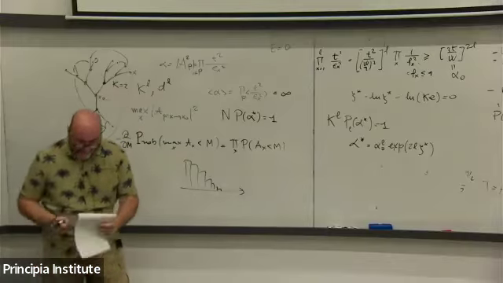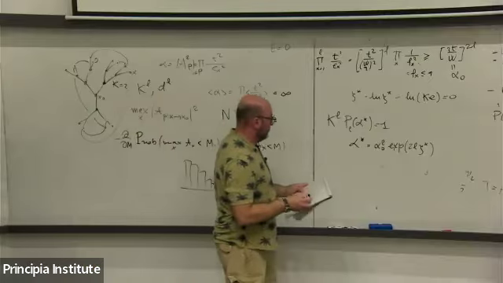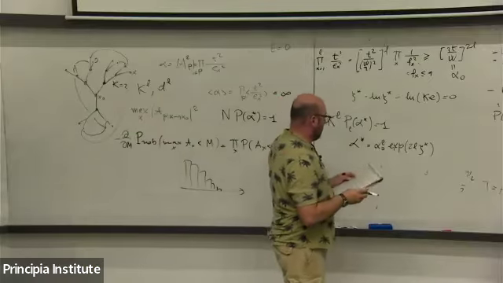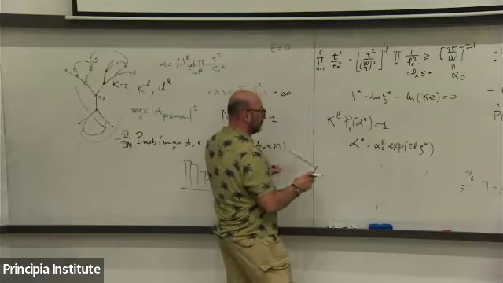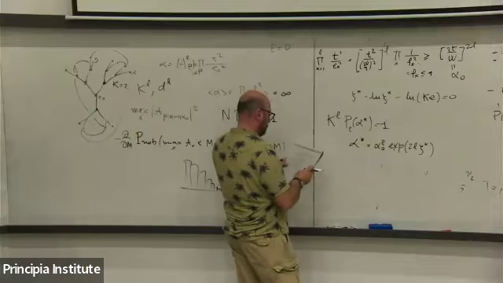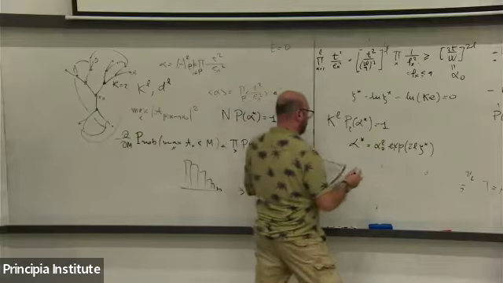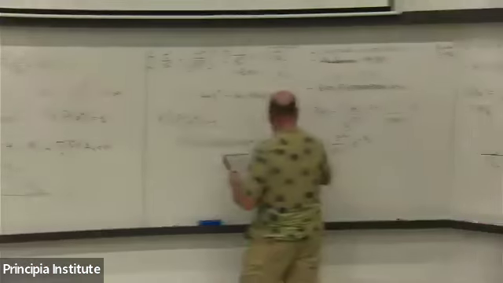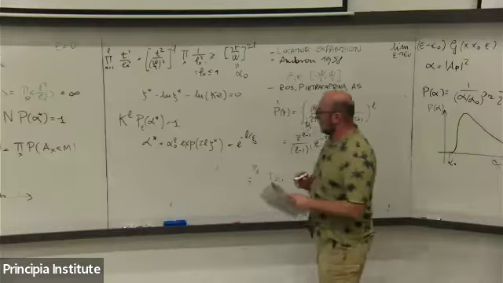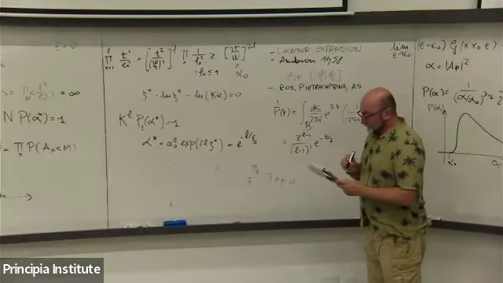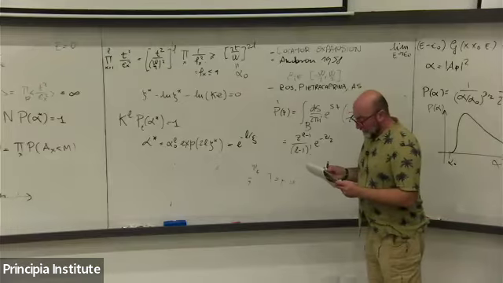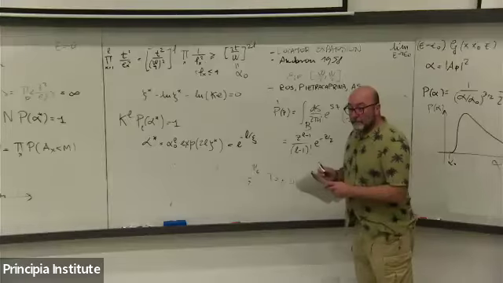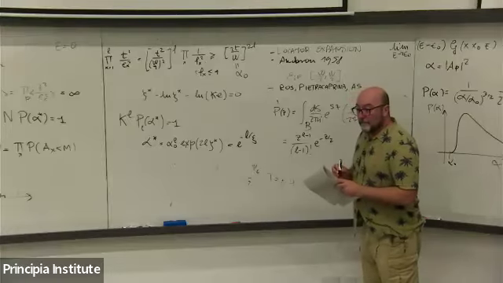So if you now ask for this thing not to decrease, this is e to the minus L over xi, where xi is the localization length. Do I understand correctly that the minimum value of alpha is alpha 0?